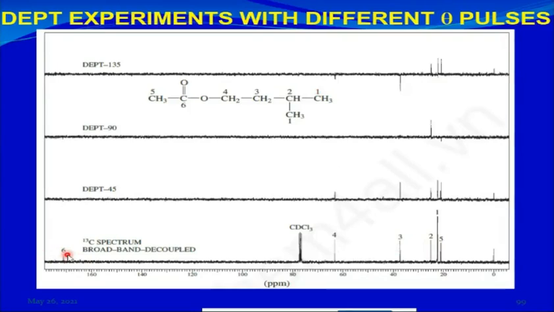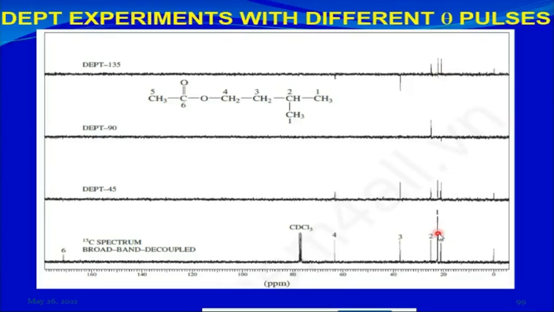And if you remember, I told you that intensity is not an issue. It is an issue in carbon-13, because you can see here these 2 signals belong to CH3 groups. Now the second signal belongs to 2 CH3 groups, so it should be twice the intensity of the first one, but it isn't.